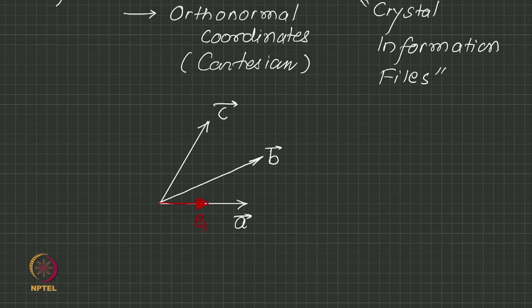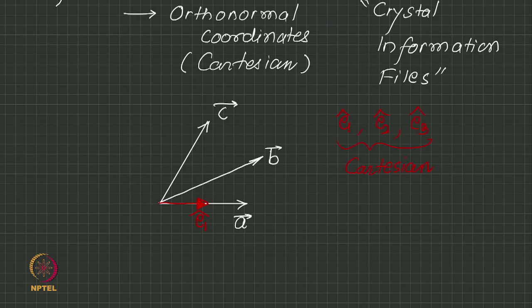So, let us select E1, E2, E3 as Cartesian. So, we orient E1 along A.